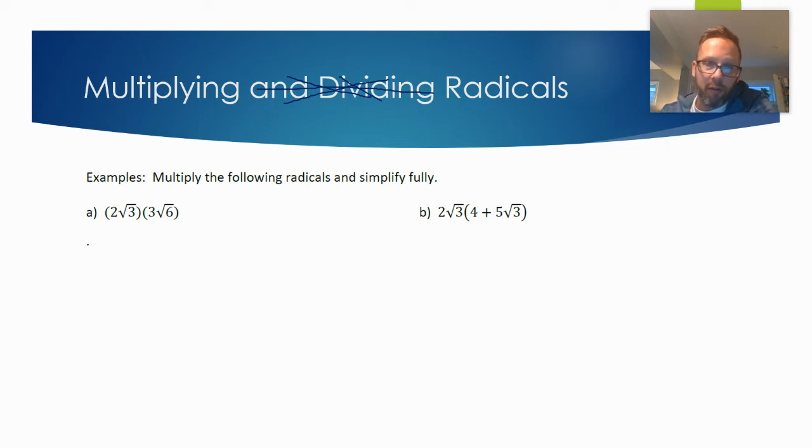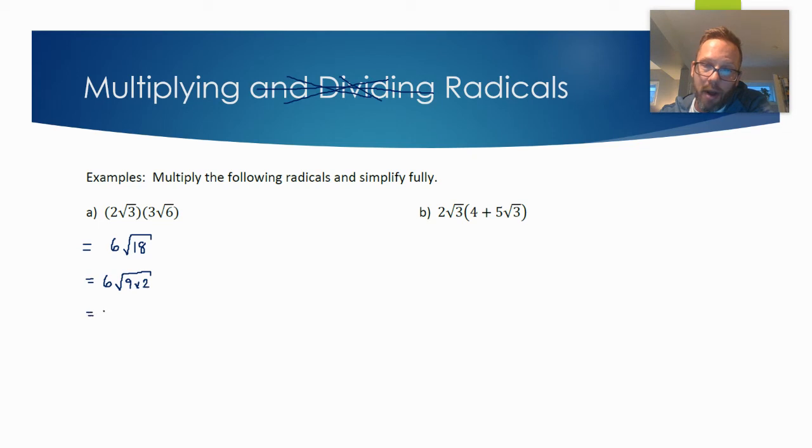So here's our first example. 2 root 3 times 3 root 6. You just do 2 times 3, 6, and you do 3 times 6 inside the radicand, and we know that our rule, that's going to be 18. Now, that is correct, but is it as simplified as possible? The answer is no, because I can reduce 18. 18 is 9 times 2.